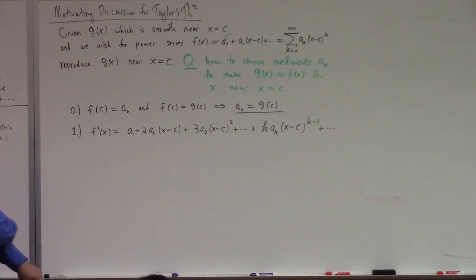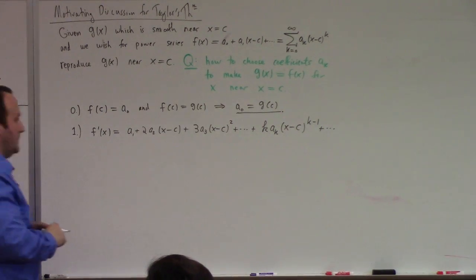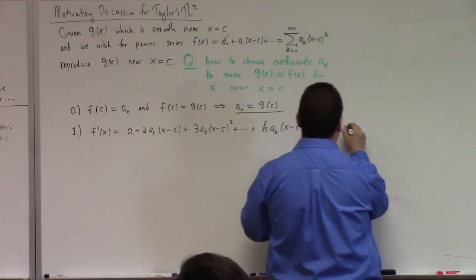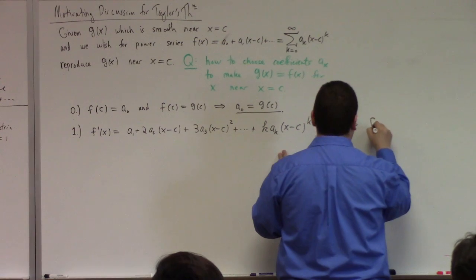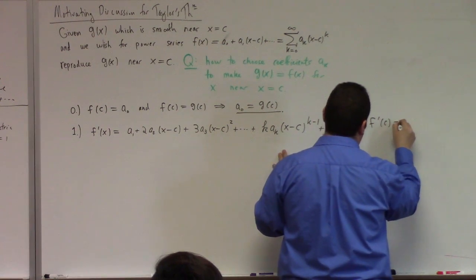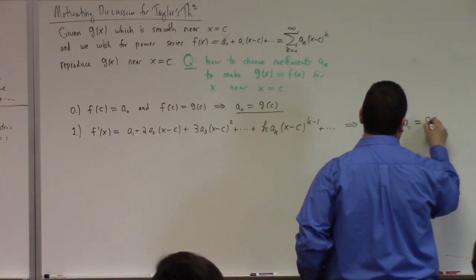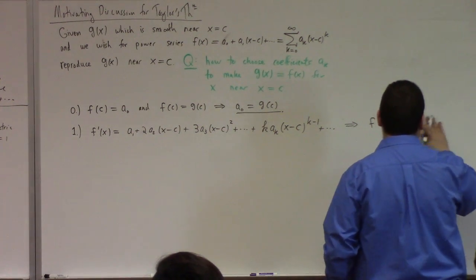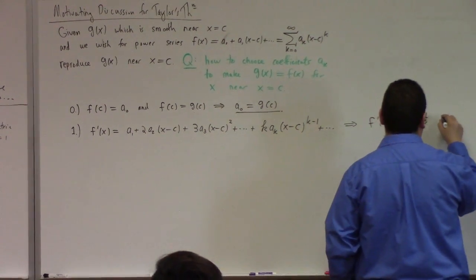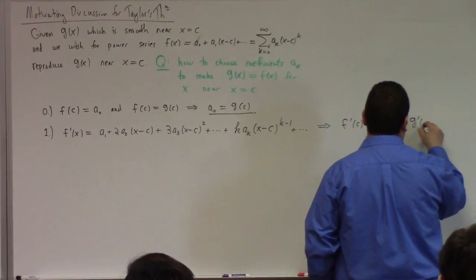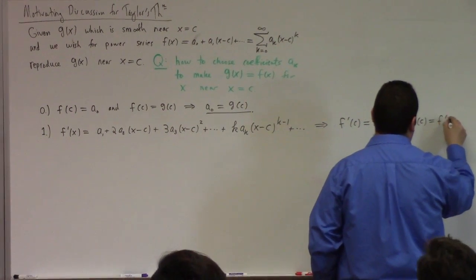All right, so what happens if we plug in x equals c into this? f prime of c is equal to what? a1, right? But that should also be equal to what? And of course, we certainly want g prime of c to equal f prime of c, right?